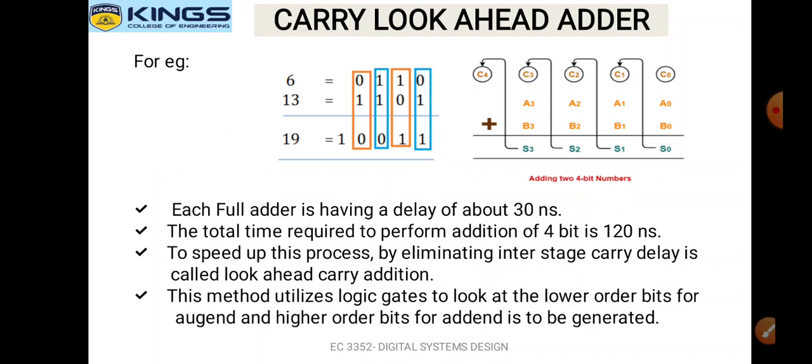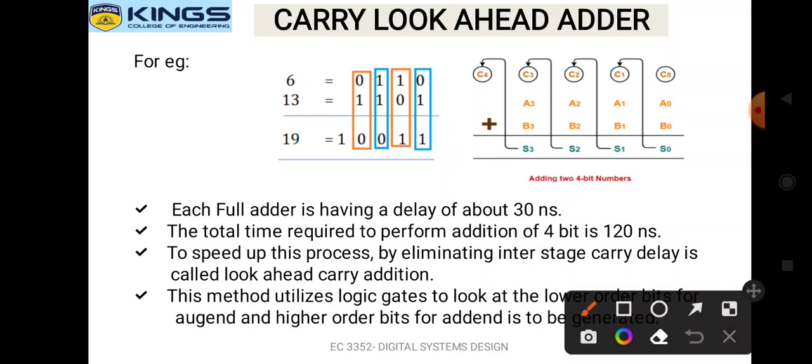See here, I have taken 6 and 13, the binary numbers. The binary number of 6 is 0110 and of 13 is 1101.